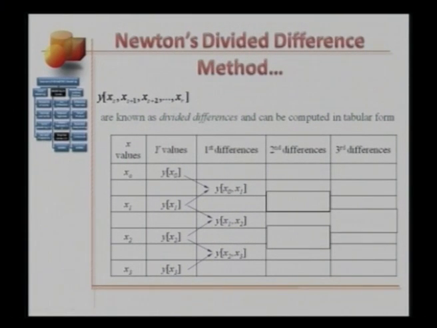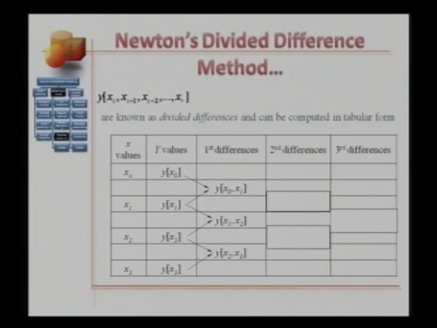What's next? How do we compute the second divided difference? For that, we would need to use this information here. Let me give you the cue for the first one. The second divided difference will be y of x1, x2 minus y of x0, x1.